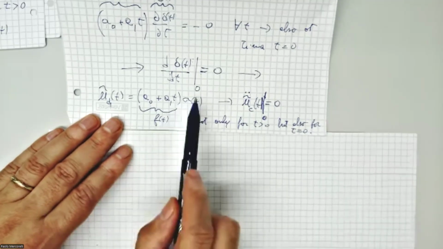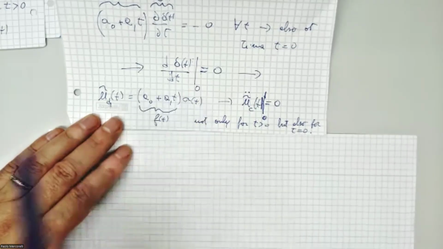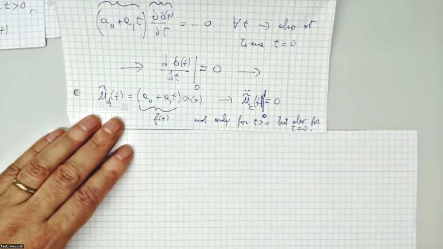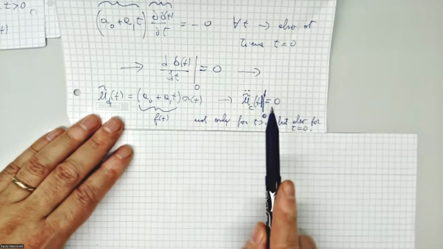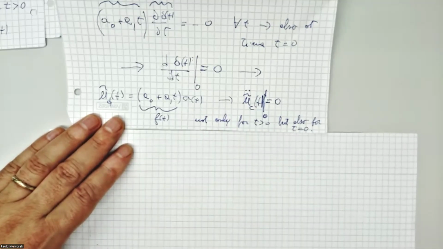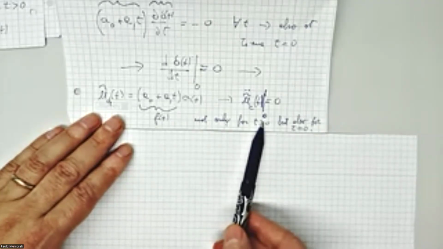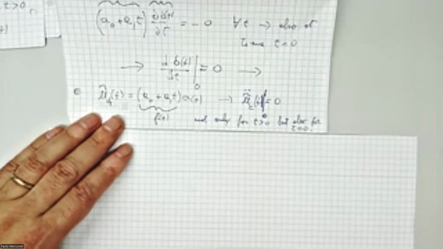Again, if this is the structure of the solution, which it seems to be, for the given system, we have exactly that at zero, the second derivative, not only for t larger than zero, but also for t equals zero.